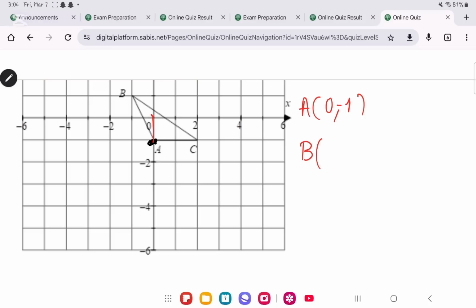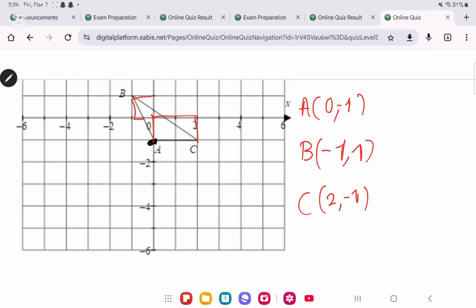B, its value is... not 2, it is (-1, 1). And then finally C, its value is (2, -1). Okay, now we have all of the points that we need to solve this question. We are safe. Or in another term, we are stable.